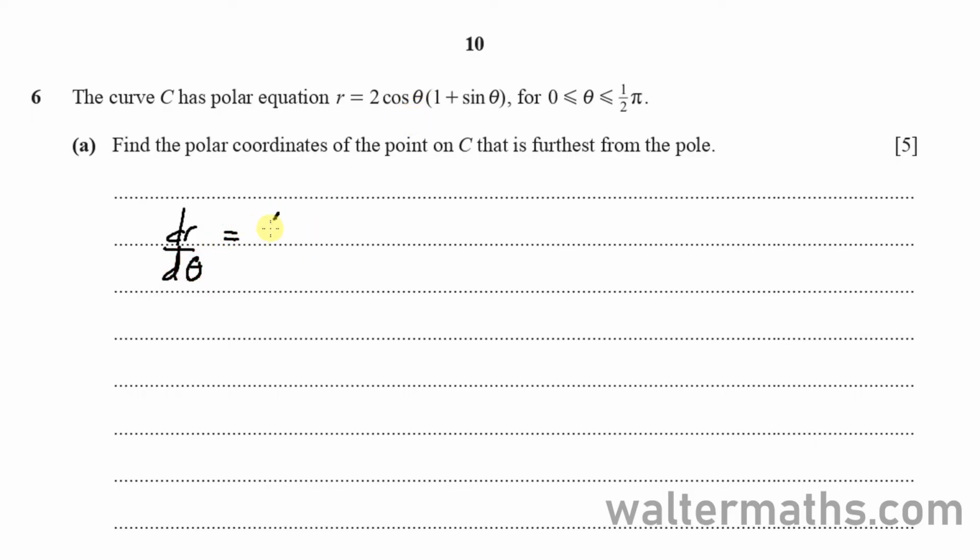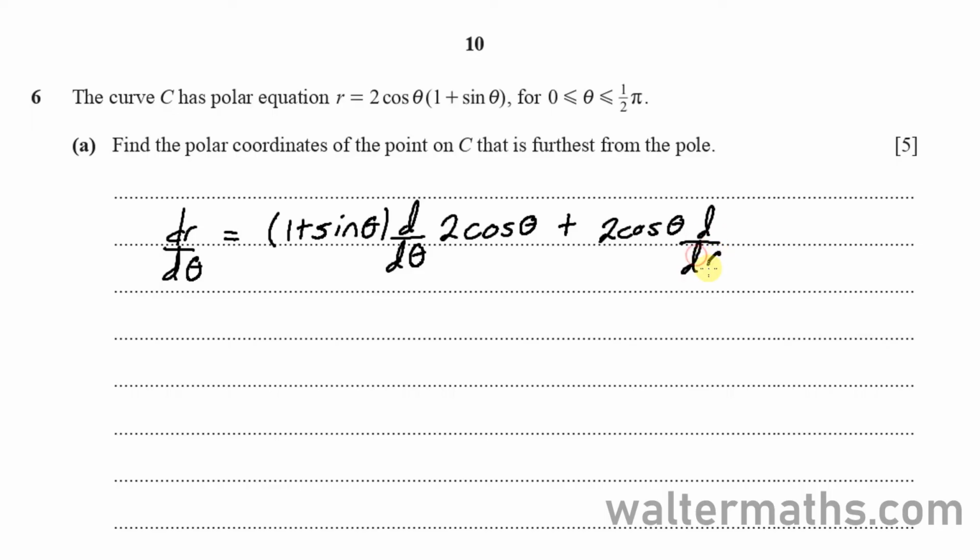So we'll be saying here 1 plus sine theta times the derivative of 2 cos theta, and it's plus 2 cos theta times the derivative with respect to theta of 1 plus sine theta. And we're saying this should be equal to 0.